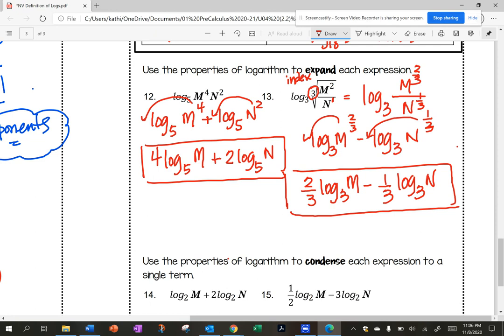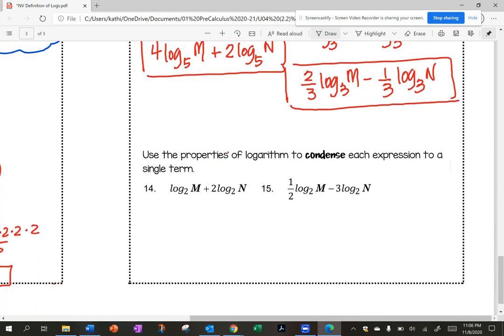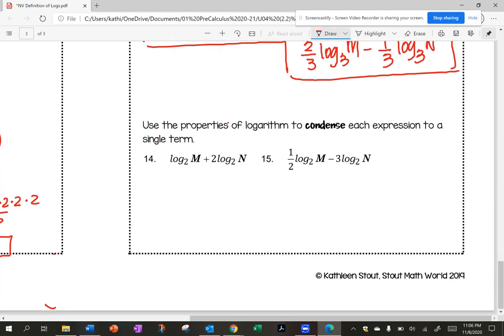Okay, so this is taking from condensed to expanded, so let's go the other way. I'm expanded, so let's condense it. So I'm going to bring the exponent up, and then since I'm adding, I know I'm going to multiply here.